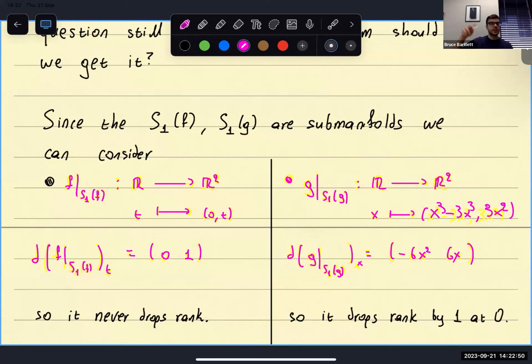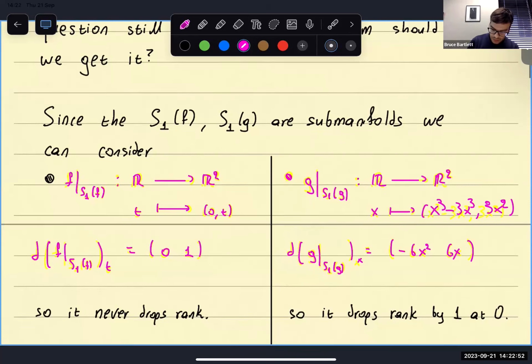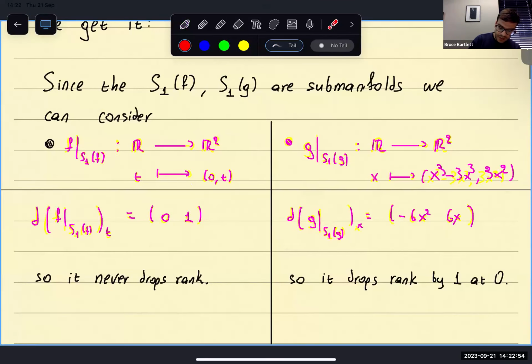That's the matrix that's going to give us the differential. So in particular, for this map the differential is going to drop rank by 1 at 0. This is where we now detect a difference in the behavior of the critical points of those two maps at 0.